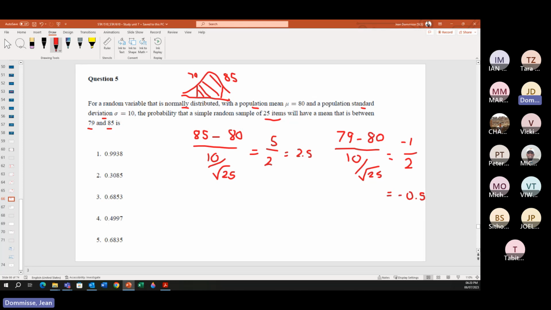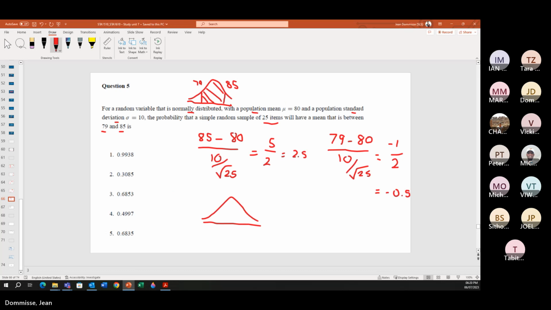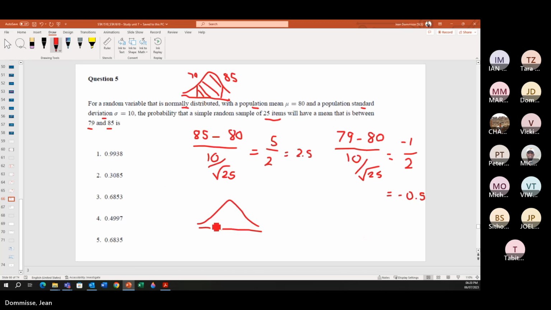Okay, so we will need to look at the graph. The middle is 0. Somewhere here is 2.5. Somewhere here is minus 0.5.